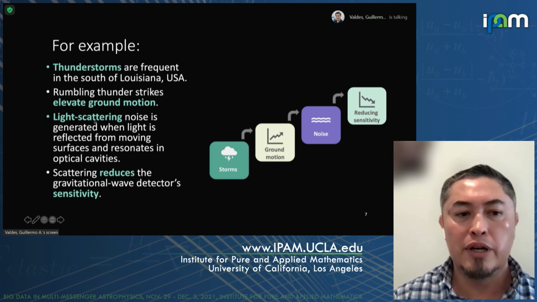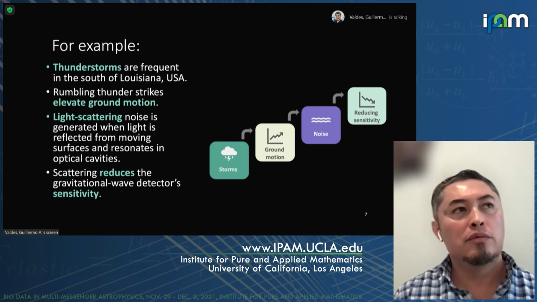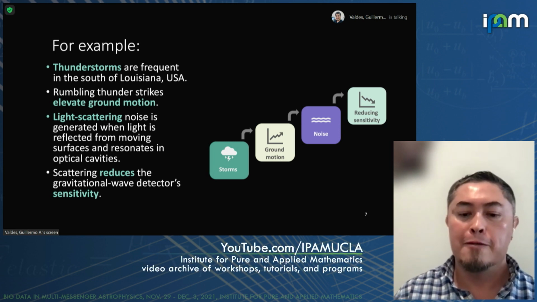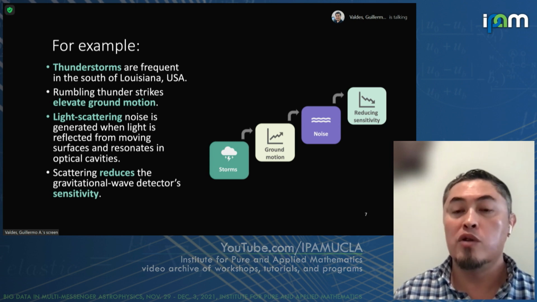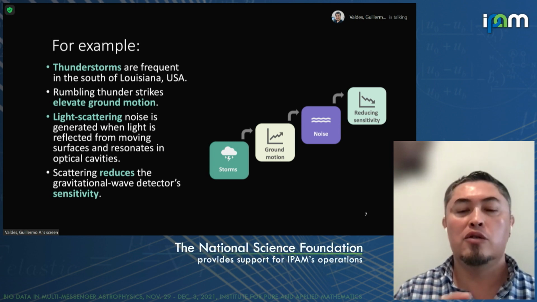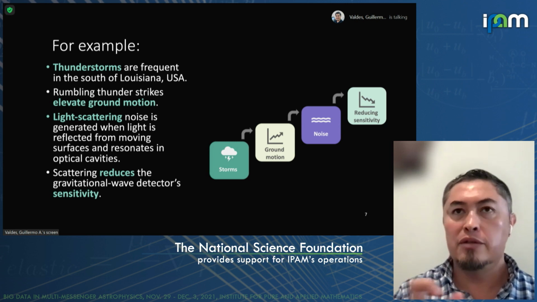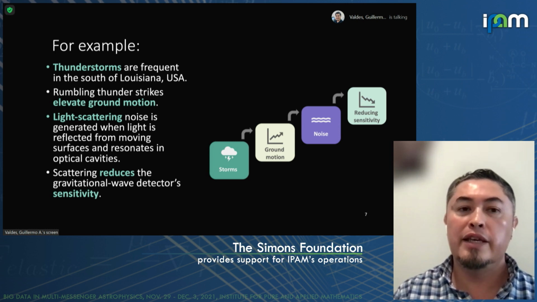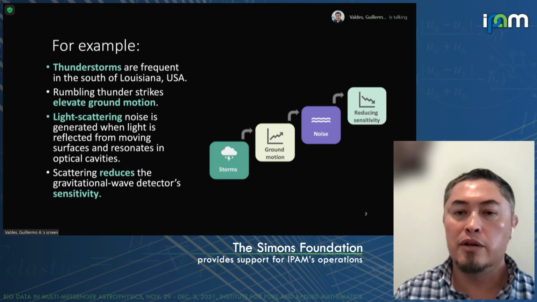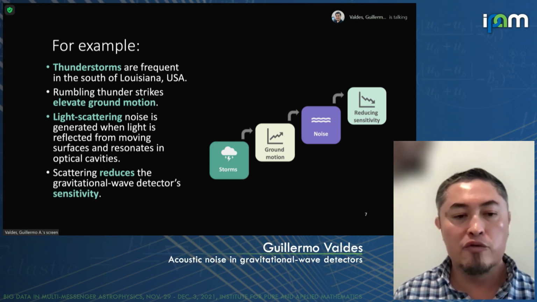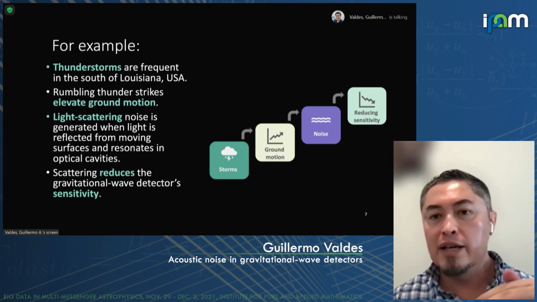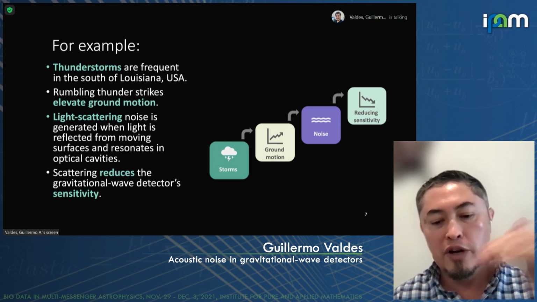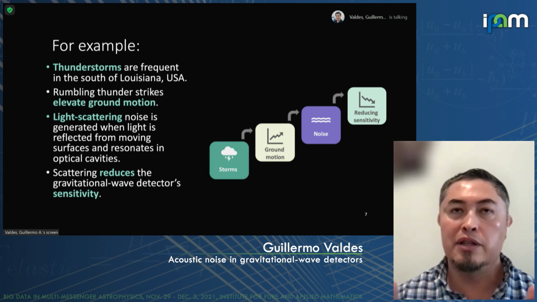There is one particular noise called light scattering noise, and that's this one. It's common when we work with optical cavities. Why? Because you have the laser, or any light, and then some fraction of light escapes this cavity and hits some reflective surface, and then some other fraction recombines from that reflective surface back into the original cavity.